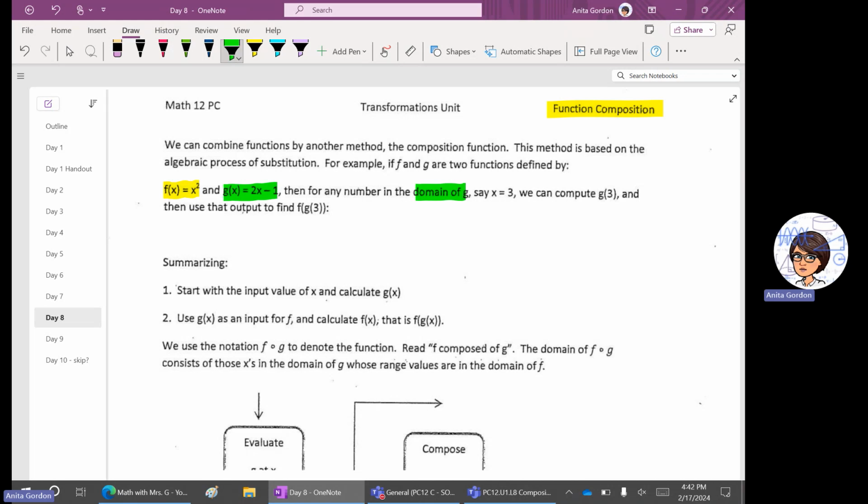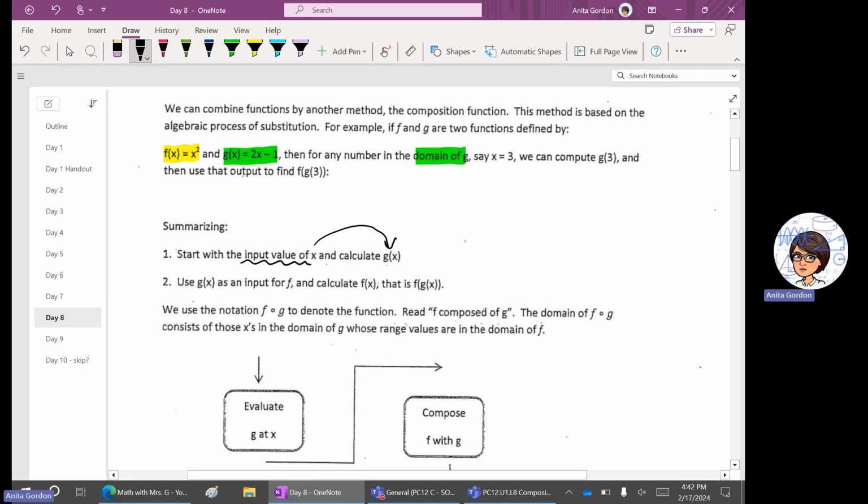So what we are doing is we take our input, so our x values, and we put it inside the g function, so g of x. And then whatever g of x equals, which is some value for y, we are going to take that value and then input it for f and calculate the function f using the y value from g.